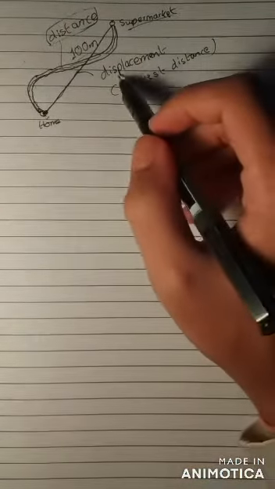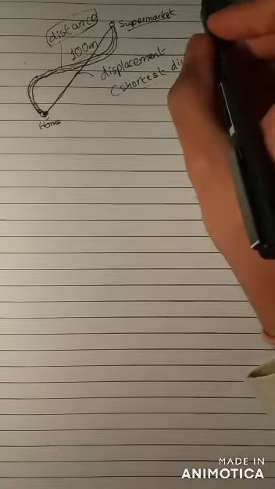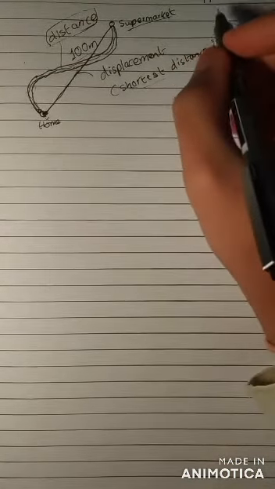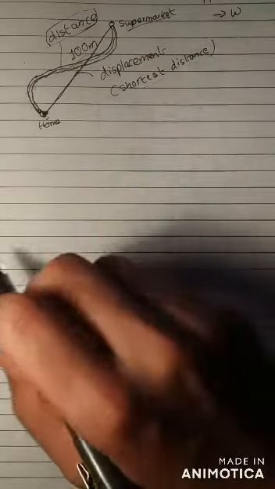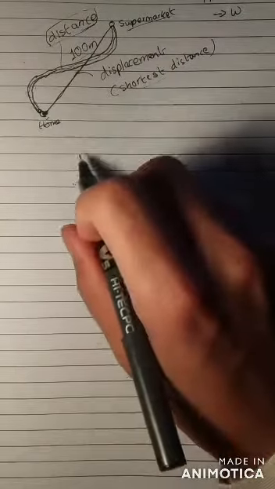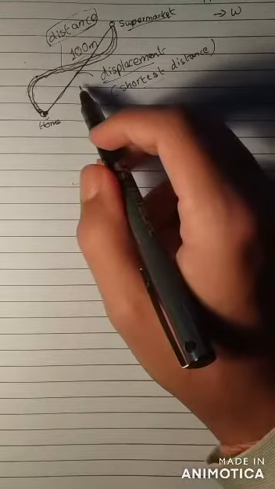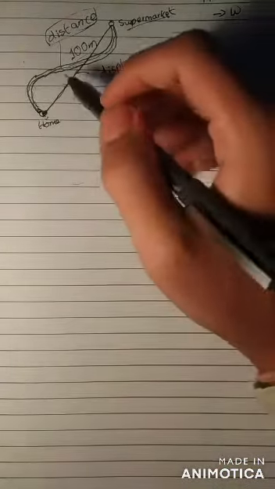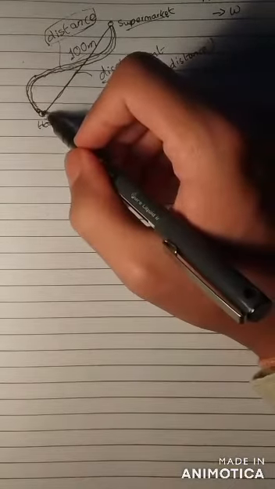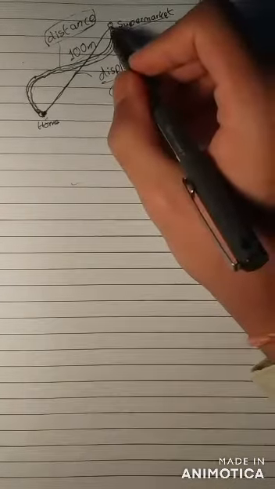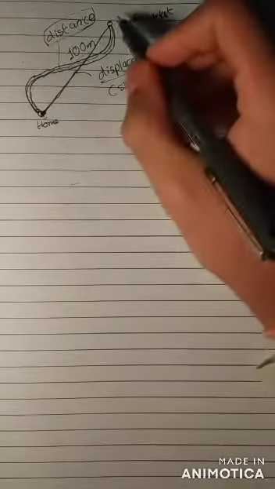Now, can you tell me if this is north and this is west? Can you tell me the direction of the displacement to the supermarket? From here to here, the displacement has the direction.